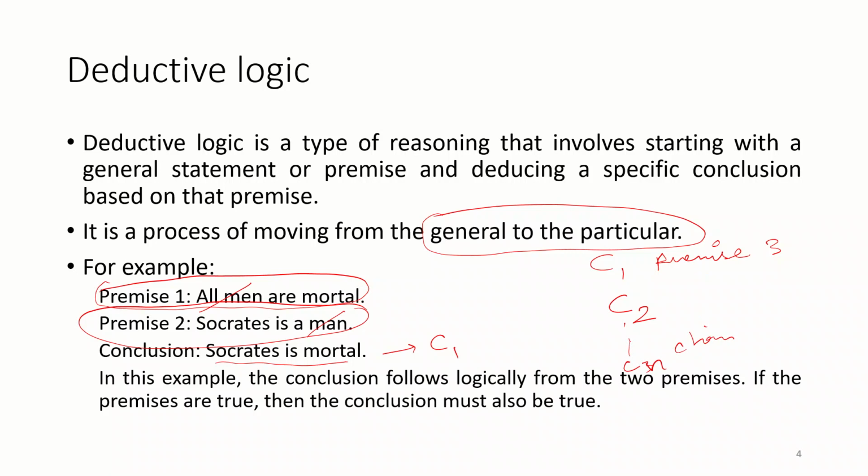And in deductive logic we also have probabilistic deductive logic: if, like here, all men are mortal with some probability, and some men are mortal with some probability, then the conclusion will also have an associated probability. So probabilistic factors are there in both kinds of logic.